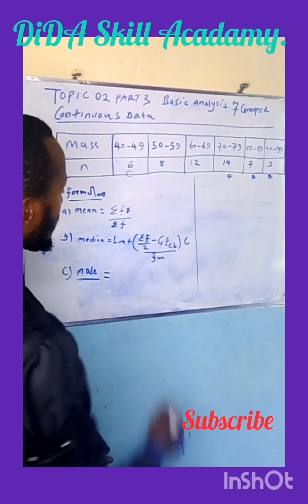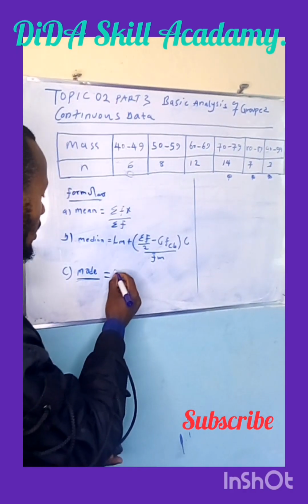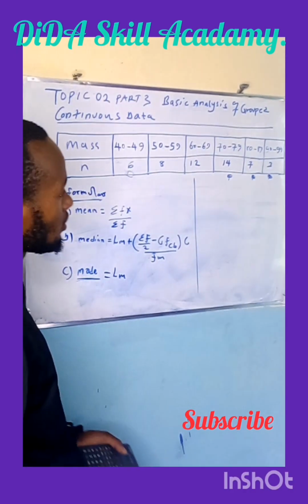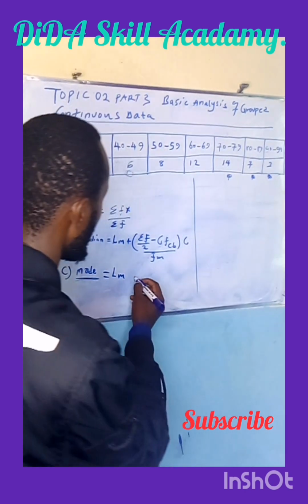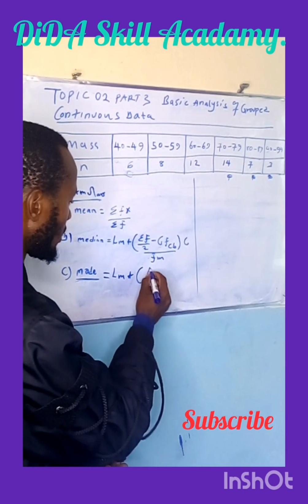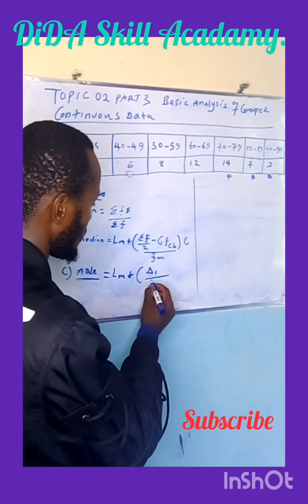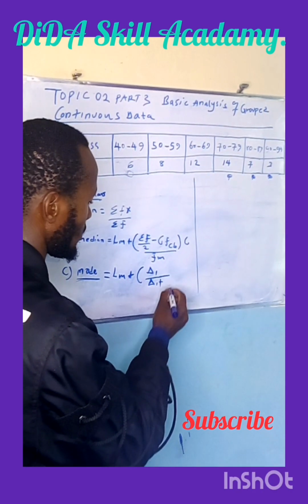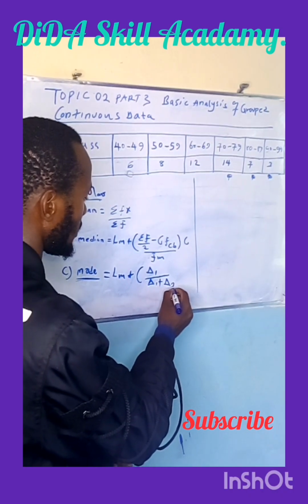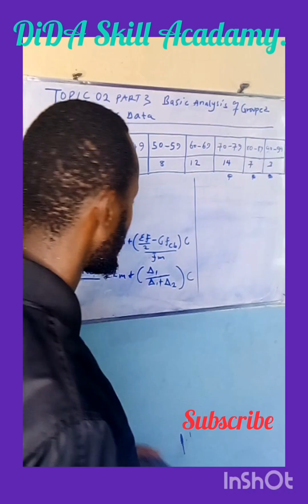The formula for calculating the mode is the lower class limit of the mode class, plus delta 1 divided by delta 1 plus delta 2, then you multiply everything by the class size.